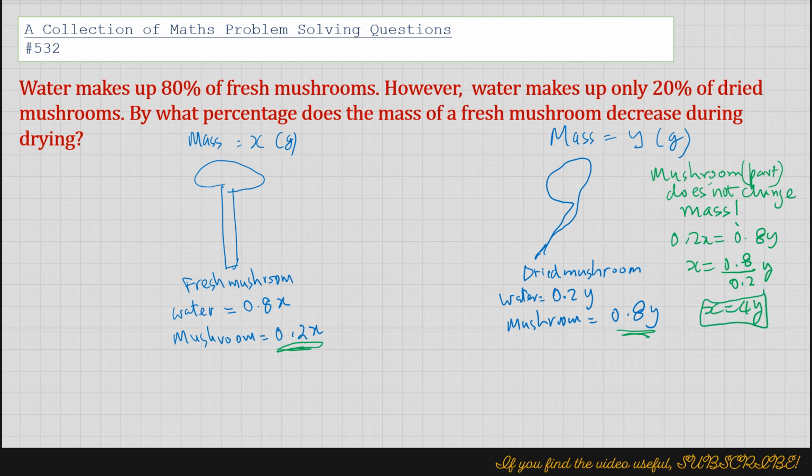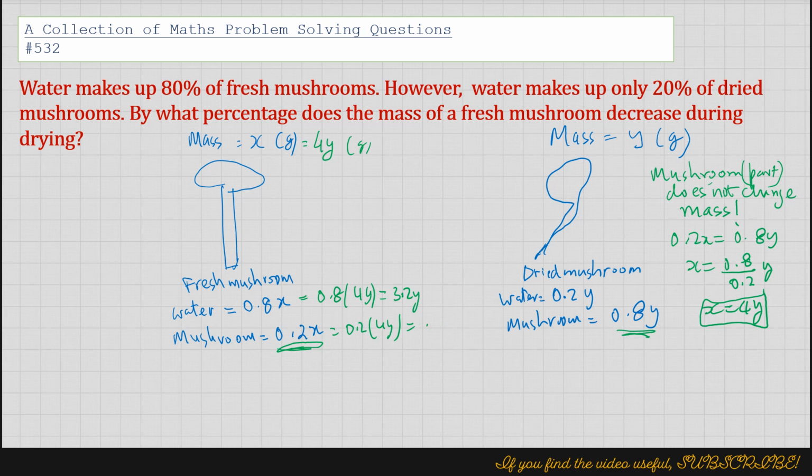So if I have x equals 4y, then all of these values would get rewritten. So the mass of this would be 4y gram, and this becomes 0.8 times 4y, that is 3.2y, and that is 0.2 times 4y, and that is 0.8y.